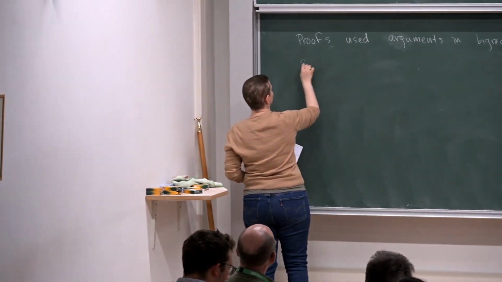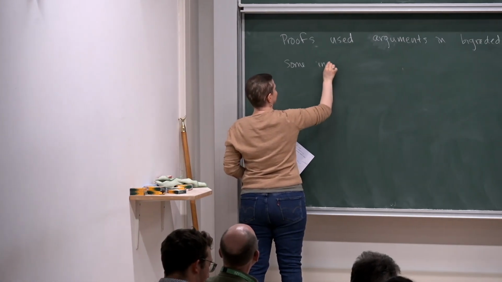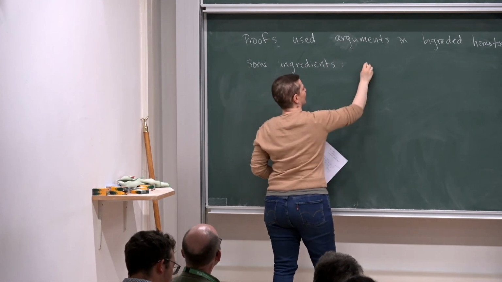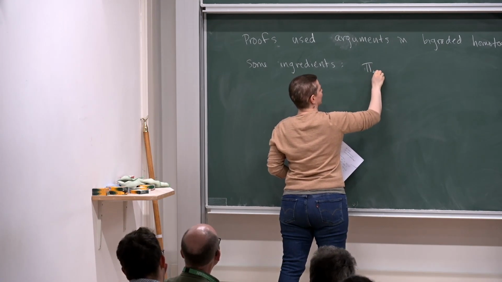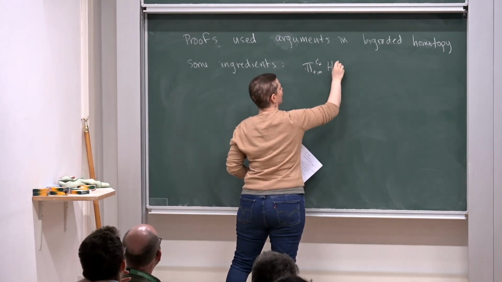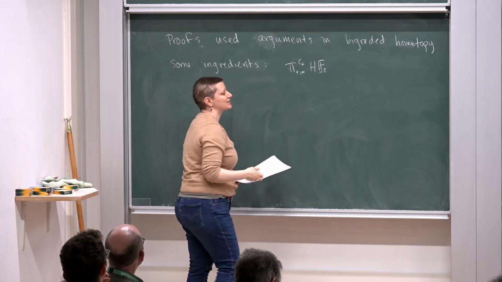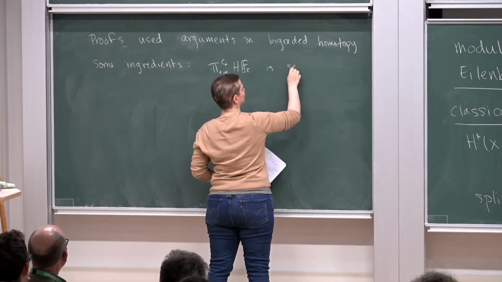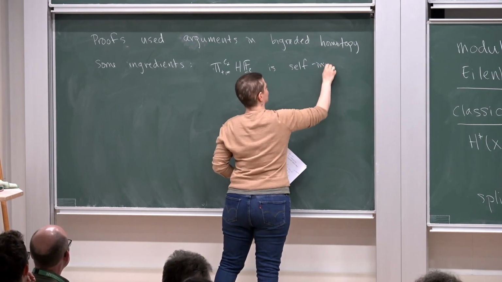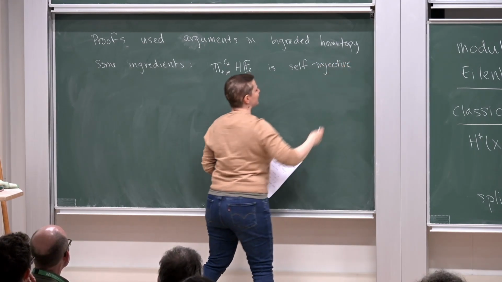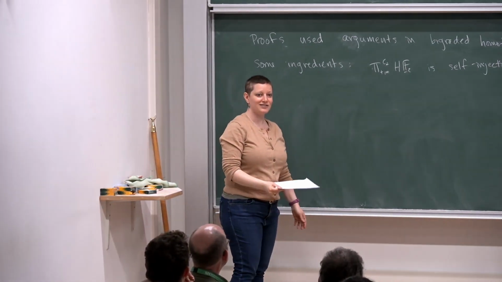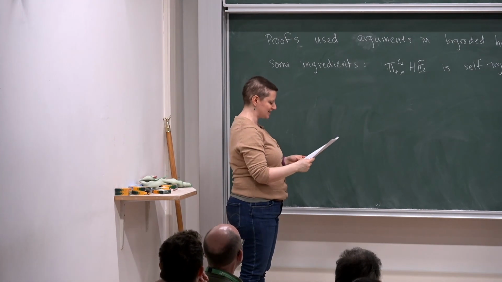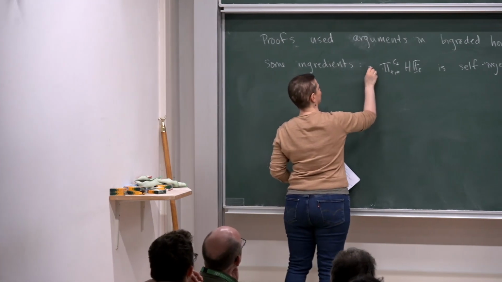So some of my favorite ingredients are that the RO(C2) graded homotopy of this Eilenberg MacLane spectrum, this ring M2 that we saw over there, is in fact self-injective. So by that I mean the regular module as a module over itself. In fact, it is not only projective and free, but it is also injective, which is kind of weird.